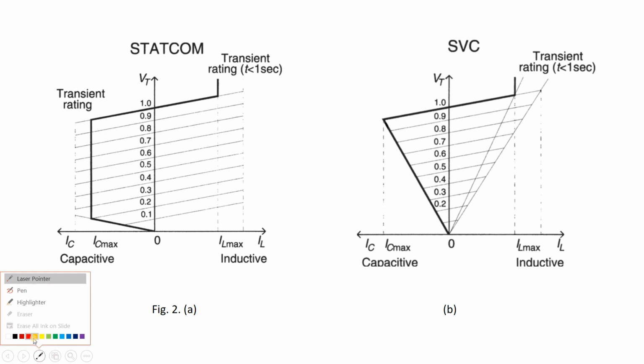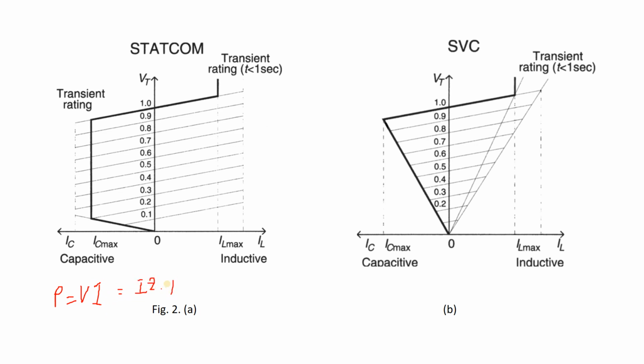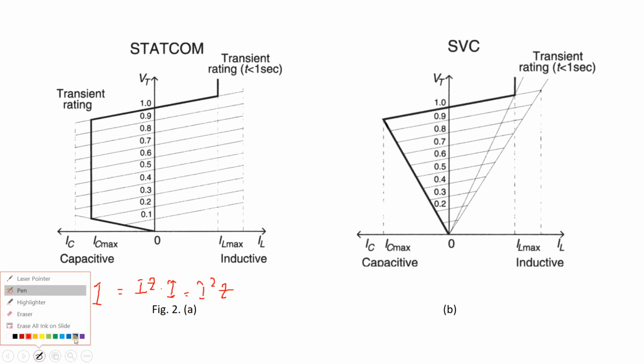If the current is decreasing, we know this equation: active power is V into I. Also we know that V equals I into Z, the system impedance. So it is I square Z, active power.